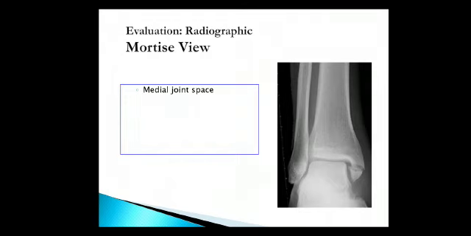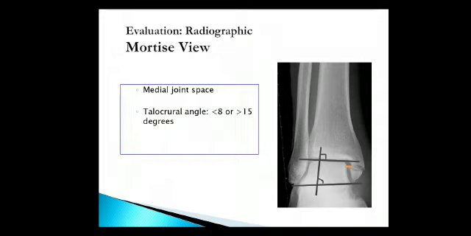So in the mortise view, we will see the medial joint space between the talus and the medial malleolus, and the talocrural angle, which is abnormal if less than 8 degrees or more than 15 degrees, formed by the line along the distal part of the tibia and the line joining both the medial and lateral malleoli.